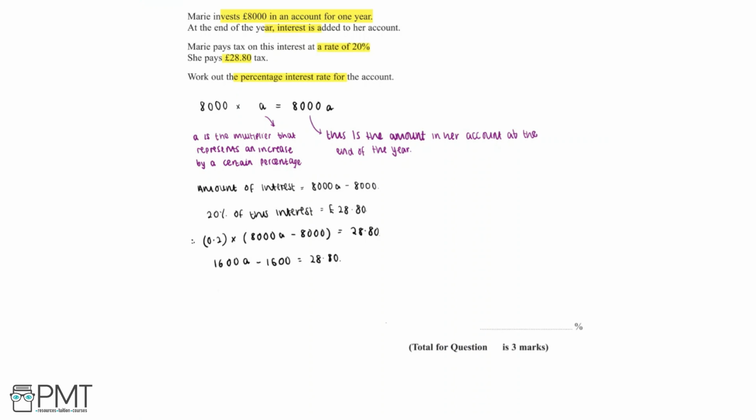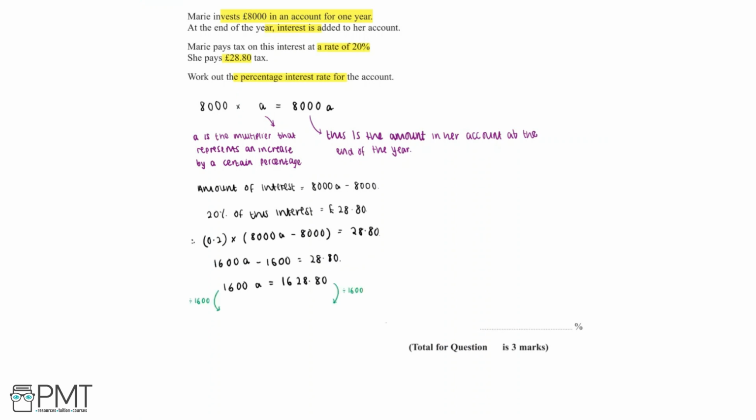Now we need to find the value of A, because we're trying to find the percentage interest rate for this account. And A is the multiplier that represents this percentage. We can move the minus 1,600 over to the right hand side. And so we can say that 1,600A is equal to 1,628.80. Now to find A, we can divide both sides by 1,600.